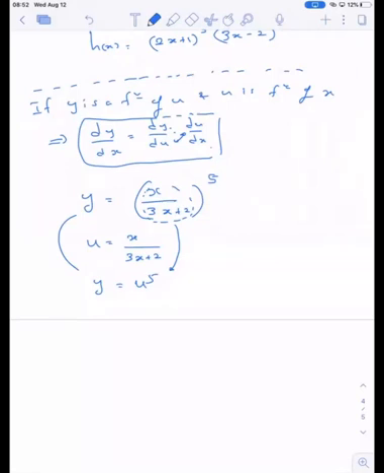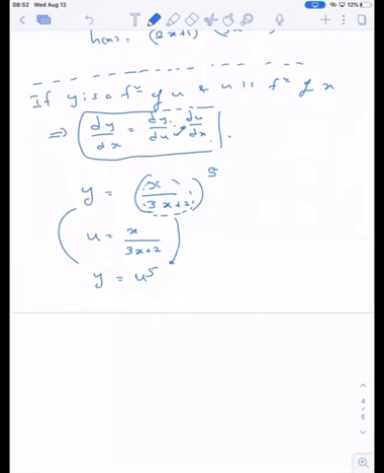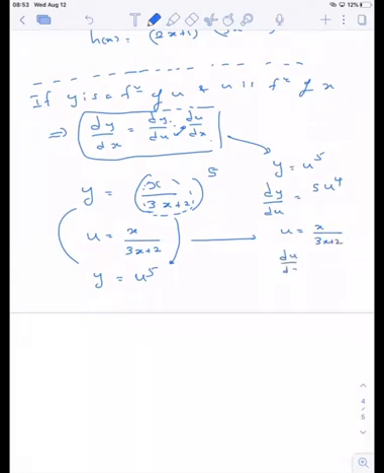Right, so I guess we are back here. Once you have y equal u to the power 5, you can find these two terms. For y equal u to the power 5, you can find dy over du. That is easy, right? That will be 5u to the power 4. And then we know that u is equal to x over 3x plus 2, and you can find du over dx from this expression.